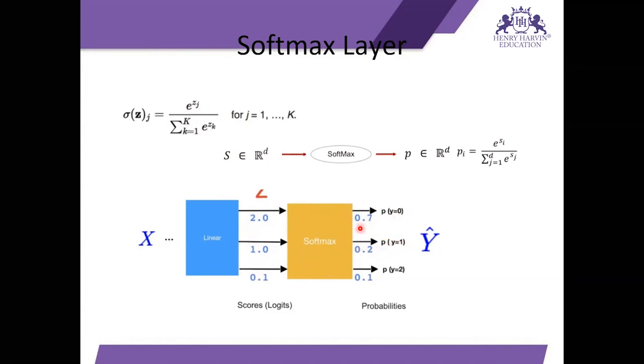Similarly, if you substitute 1 and 0.1, you'll be getting the probabilities as 0.2 and 0.1, right? So these will be the probabilities in this case.